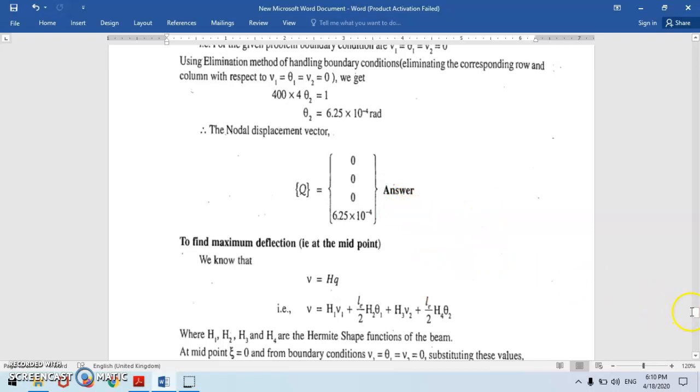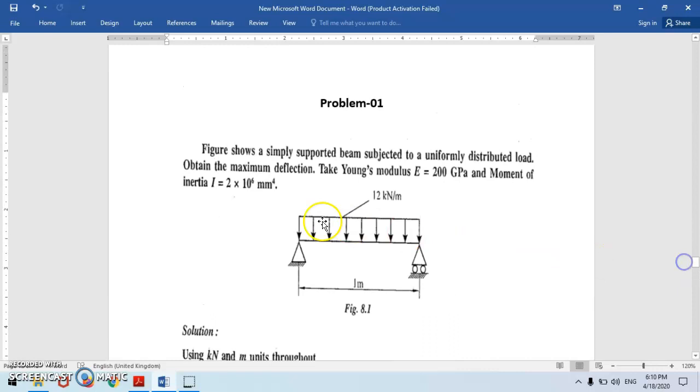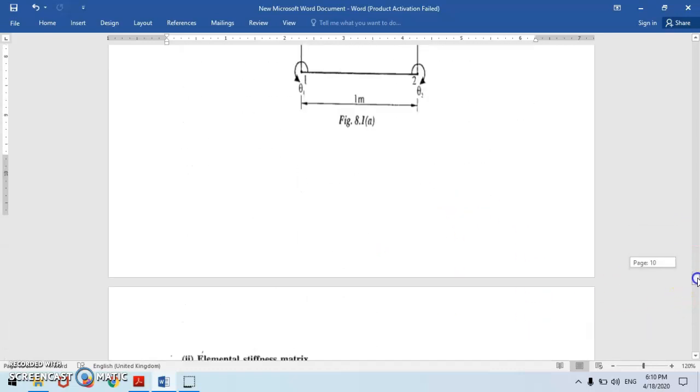In the question, what is asked is to find the maximum deflection in the beam. The maximum deflection for this simply supported beam is at the center. So here is the maximum deflection. What is the length now? It will be 1 by 2 of the beam.